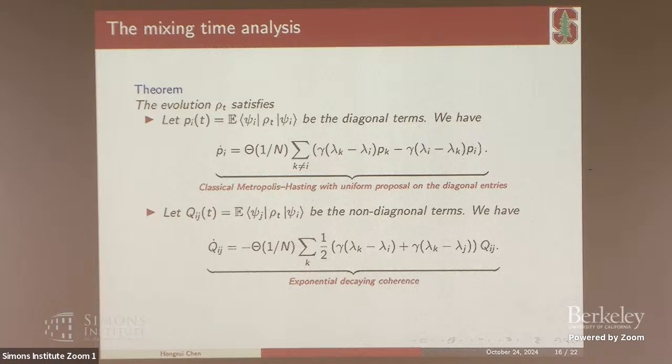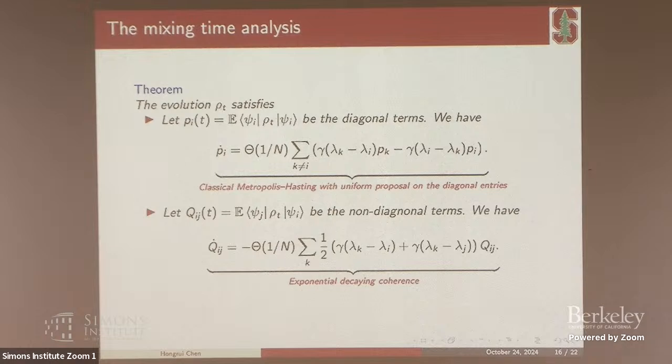It's a uniform proposal over the whole spectrum. In the rejection part, if the proposal has a lower energy compared to the current state, we accept it. If the proposal has a higher energy, we reject it with probability determined by e to the minus beta times the energy difference. So this is just a classical algorithm using a uniform proposal and a rejection. Maybe the uniform proposal is not the most desired one, but here we can accept it because we use the unitary design, and with it we can reduce the problem to a classical Markov chain.